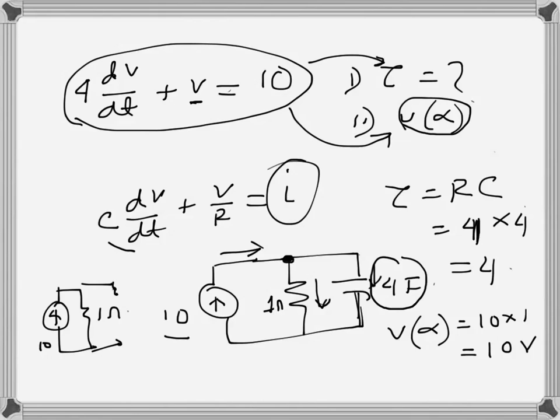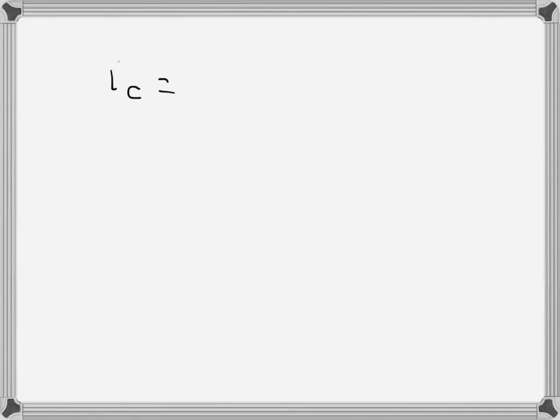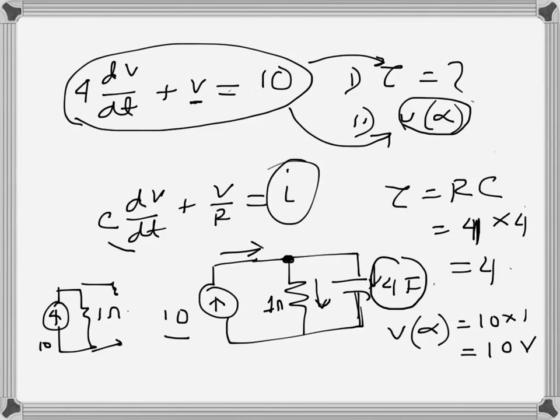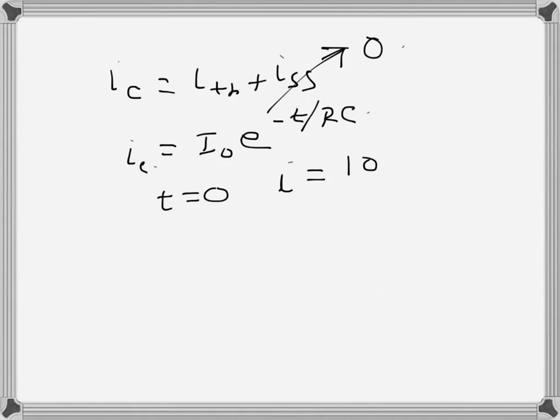If we want to write the current through the capacitor, which is IC, we can say I transient plus I steady state. I steady state will be 0, and I transient is constituting of, let's say, I0. This is the current initially, and this one is like that. So initially at t equal to 0, the capacitor will be short circuited, so the entire current will flow through the capacitor, and at t infinity I will be 0.